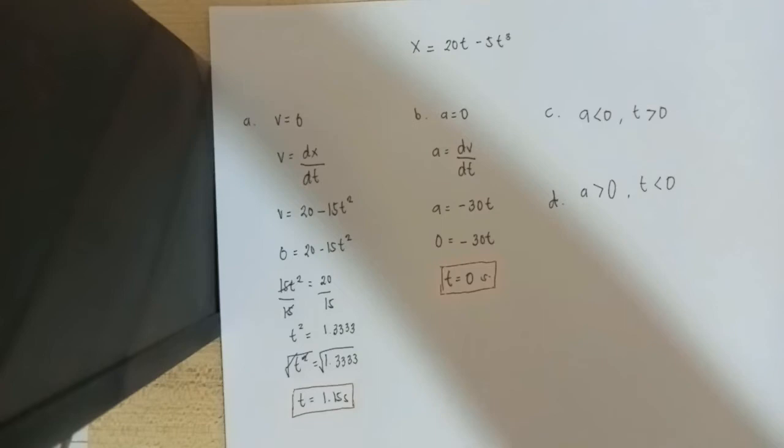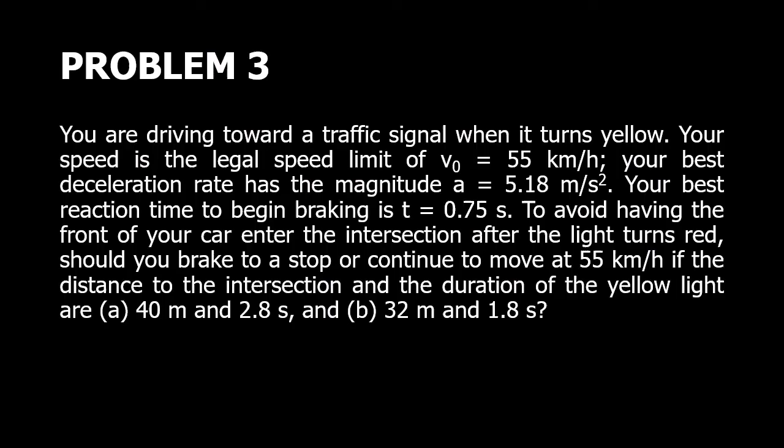So problem number 3. You are driving toward a traffic signal when it turns yellow. Your speed is the legal speed limit of v sub 0 is equal to 55 km per hour. Your best deceleration rate has a magnitude of a is equal to 5.18 meters per second squared. Your best reaction time to begin braking is t is equal to 0.75 seconds.